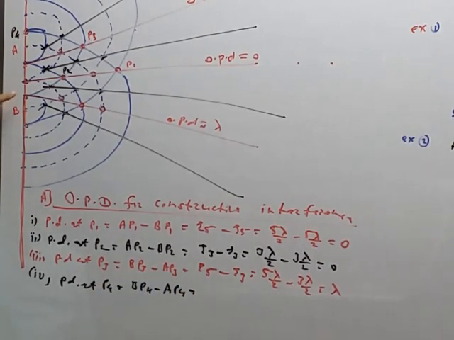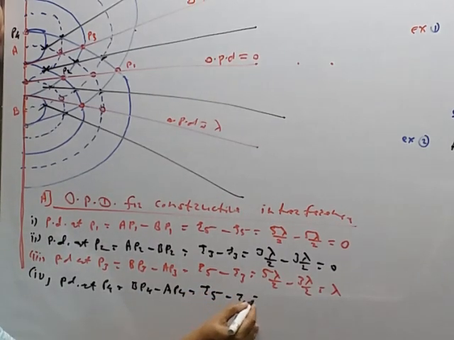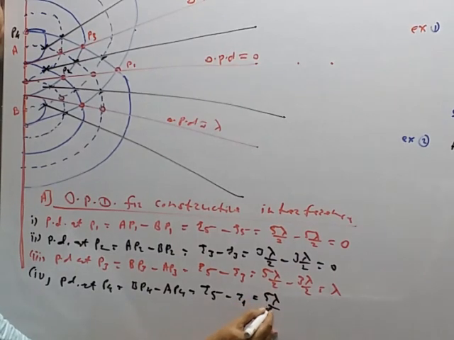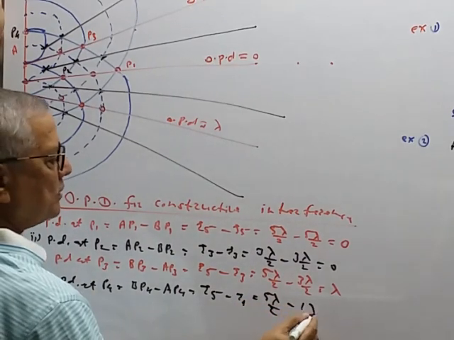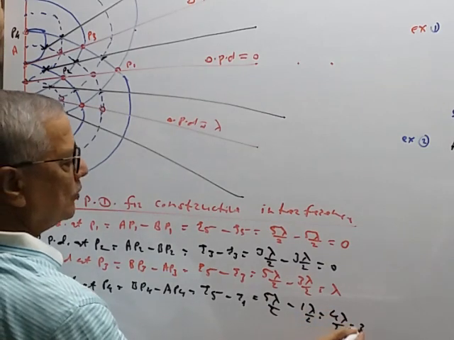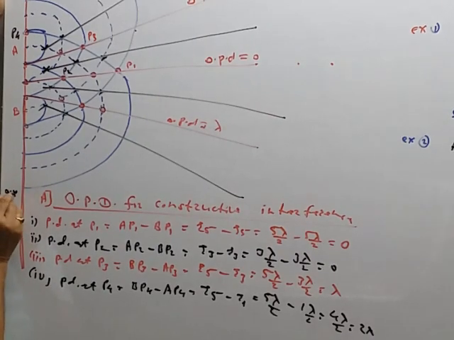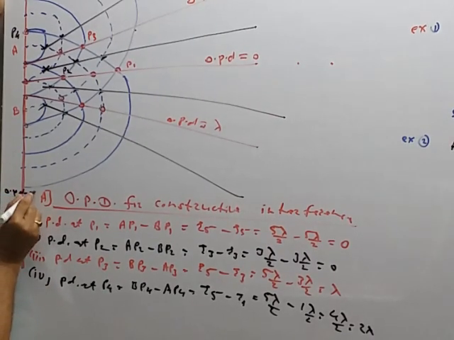So BP4 means 1, 2, 3, 4, 5 circle. So this is R5 and this is R1. So 5 lambda by 2 minus 1 lambda by 2, that is equal to 4 lambda by 2, that is equal to 2 lambda. आपण लिहिलेली व्हॅल्यू करेक्ट आहे. So on this line the optical path difference OPD is equal to 2 lambda.